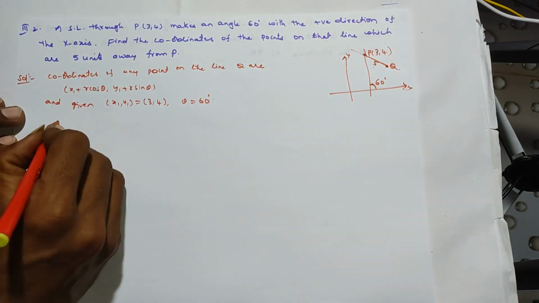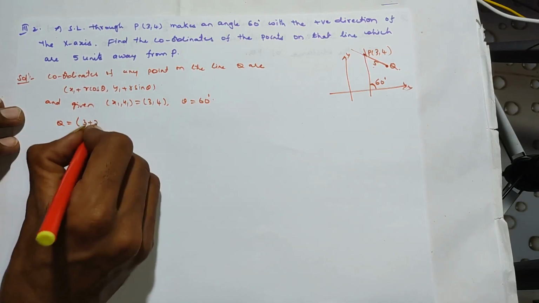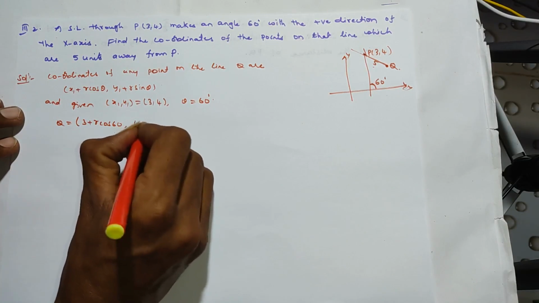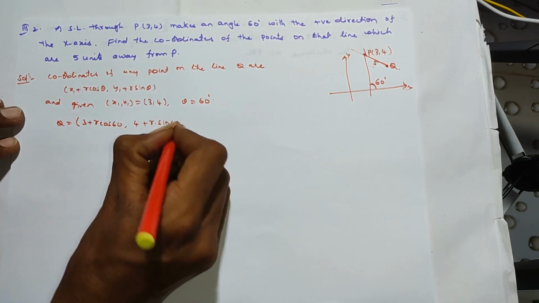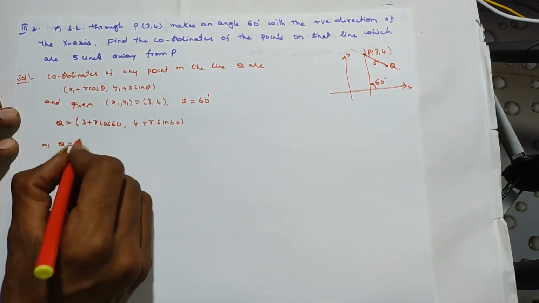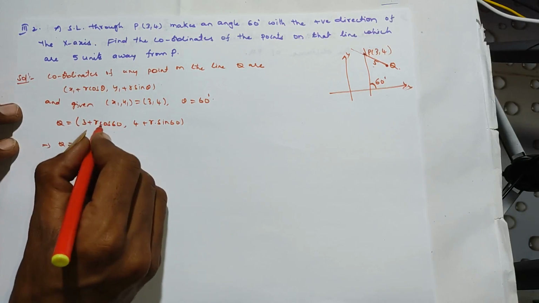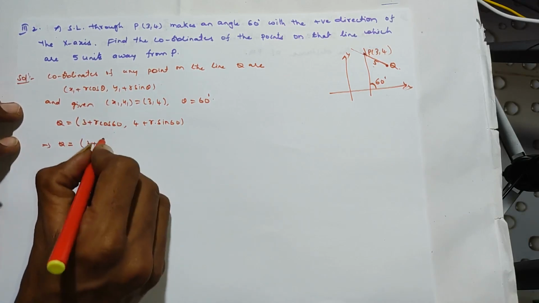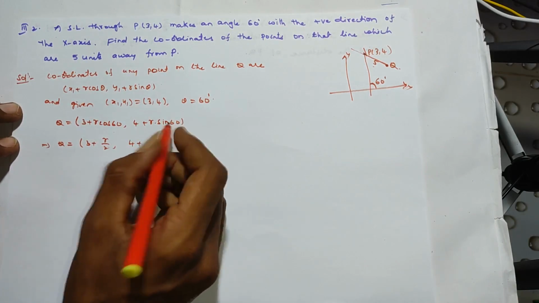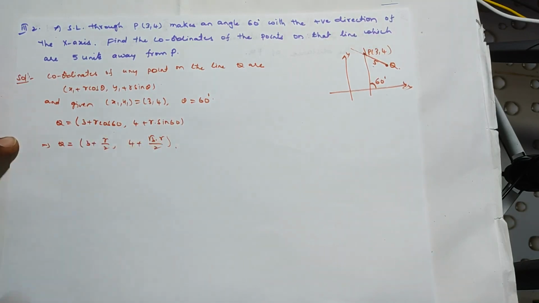Clear? Then Q values are x1, 3 plus r into cos 60, comma y1, 4 plus r into sin 60. That implies Q = (3 + r/2, 4 + root 3 r/2), since cos 60 is 1 by 2 and sin 60 is root 3 by 2. These are the Q coordinates.